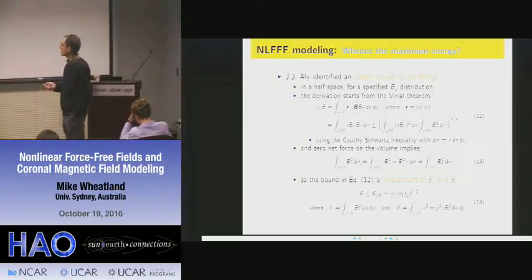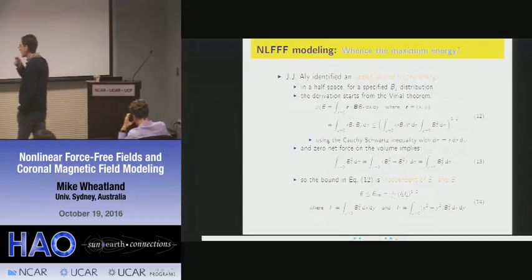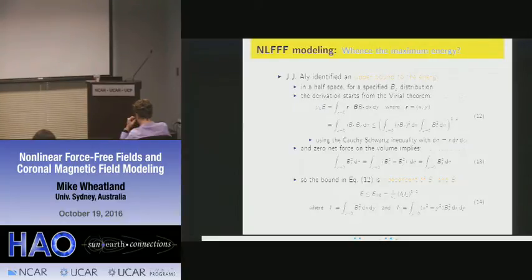So you can replace this Br squared by the integral of Bz squared, and then the right-hand side only depends on the Bz distribution. So it's independent of Bx and By. That gives you this upper bound to the energy. I've rewritten it down here as the square root of the product of two integrals. So it depends only on Bz and also on your coordinates x and y. So interestingly, it depends on your choice of origin.